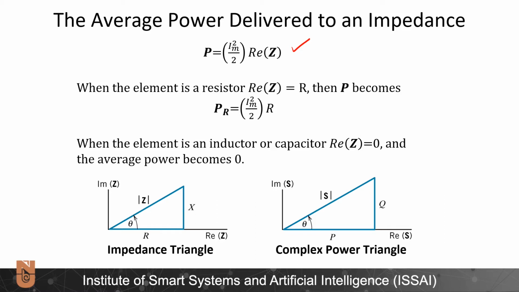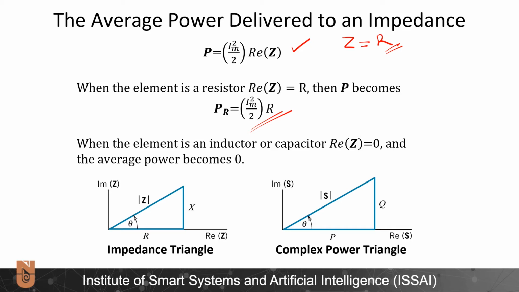If this element is a resistor, in other words our impedance is only R, then the real part is just R, and the expression becomes Im squared divided by 2 times R. So we have energy dissipation over a resistive element, and the element therefore absorbs power.